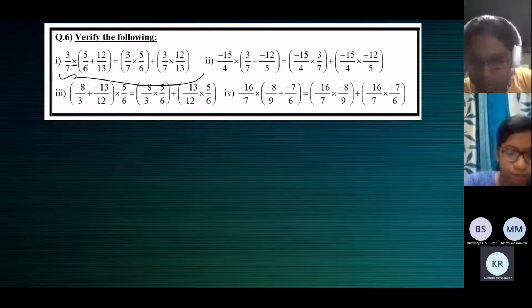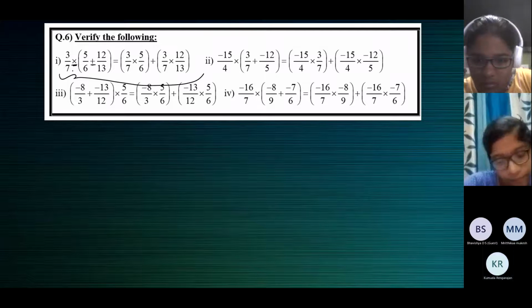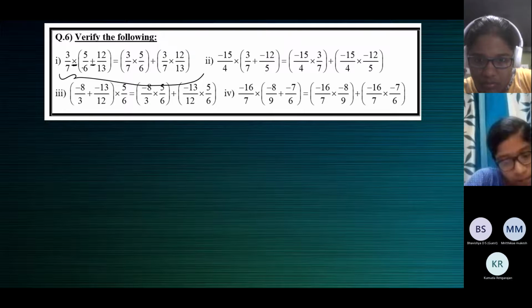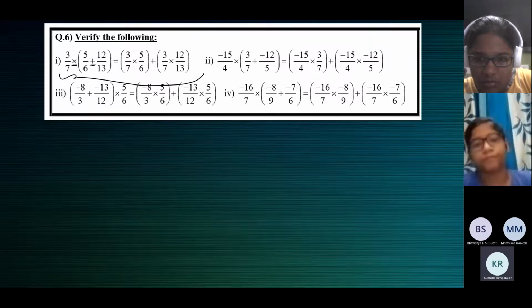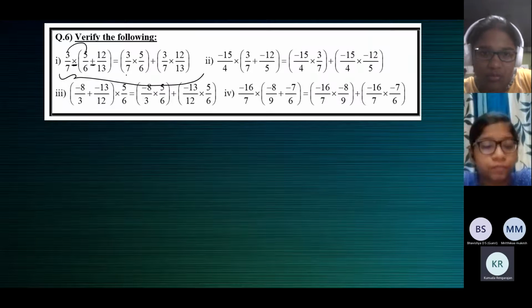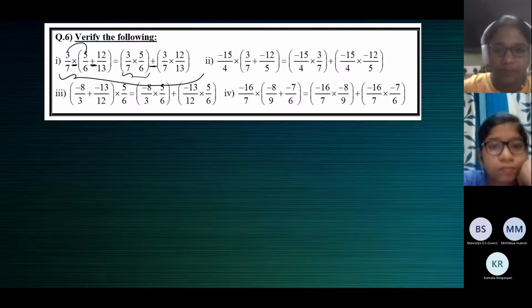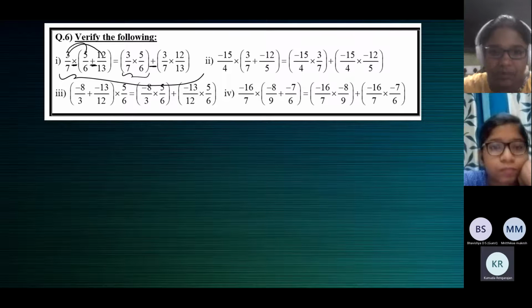So you can see multiplication, addition here. So by the distributive property of multiplication over addition, this is equal to 3 by 7 into 5 by 6 plus 3 by 7 into 12 by 13.